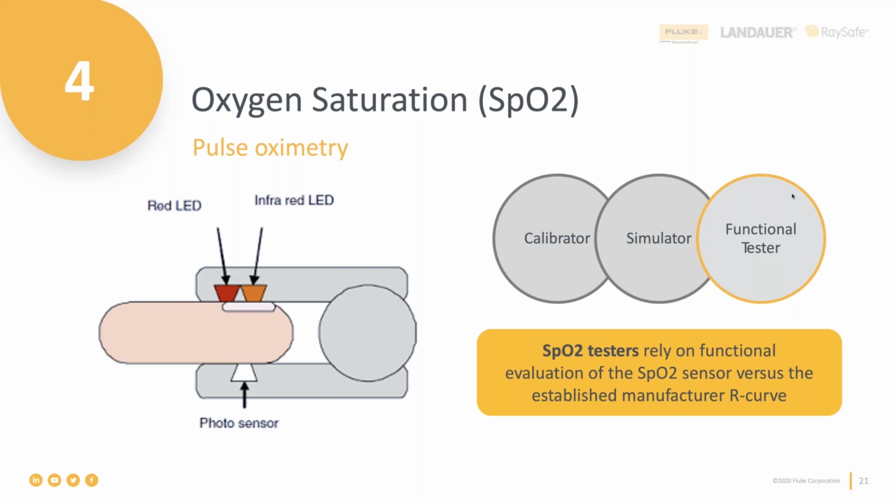A Fluke tester pretends in a different way to be a human finger, and it can be programmed to show a range of variables to allow for the most comprehensive testing available. So the way that a pulse oximeter works here in this image is that the monitor will shine light onto the top of the finger in the tester.